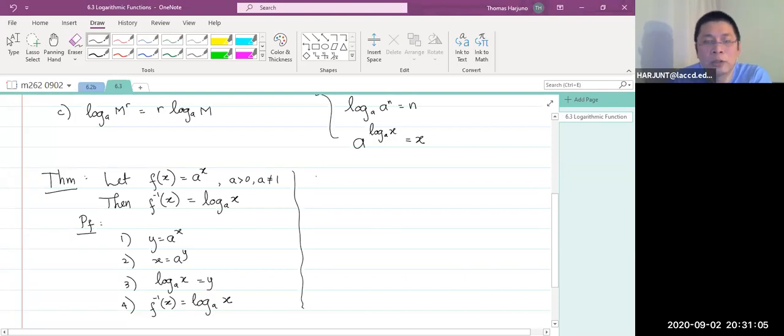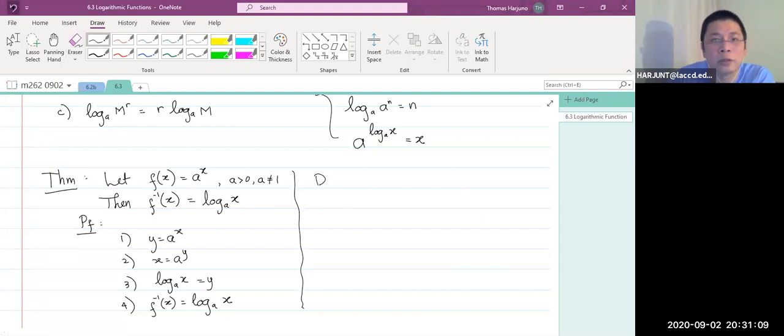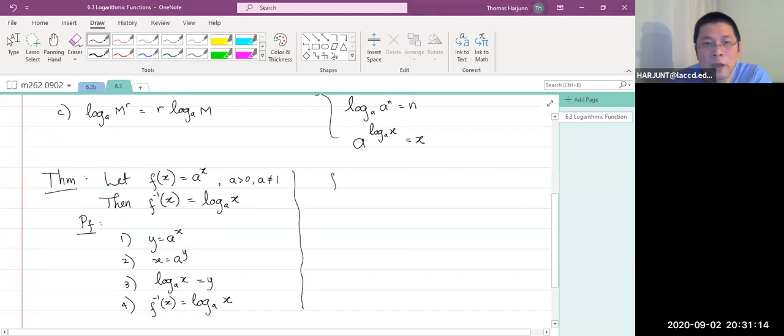Why? Because of the domain. If I have f(x) equals a to the x, the domain is all real numbers, and the range is from 0 to infinity.